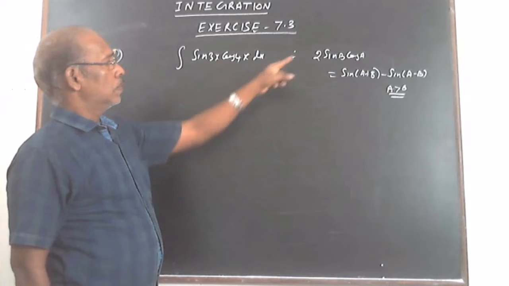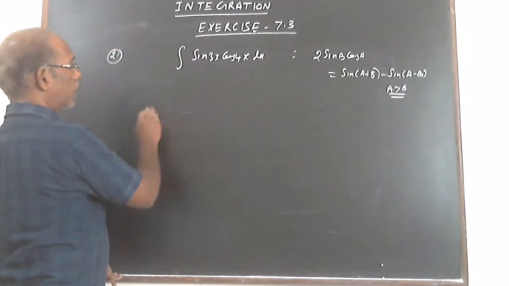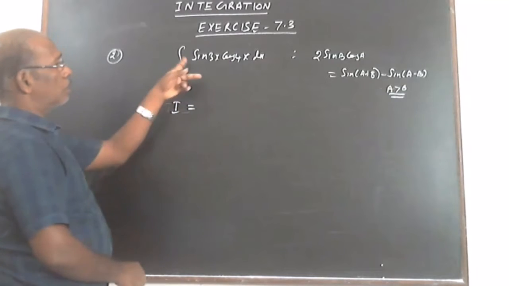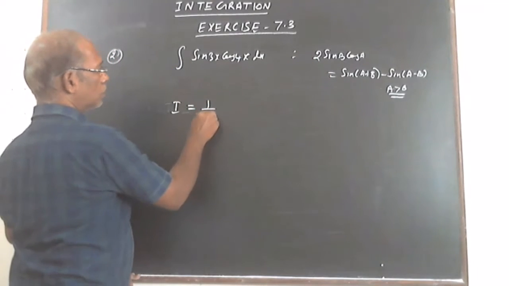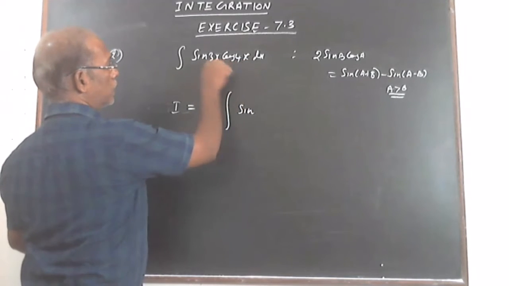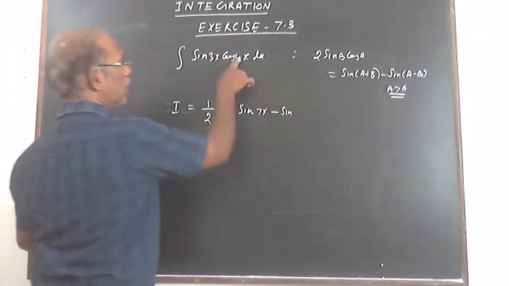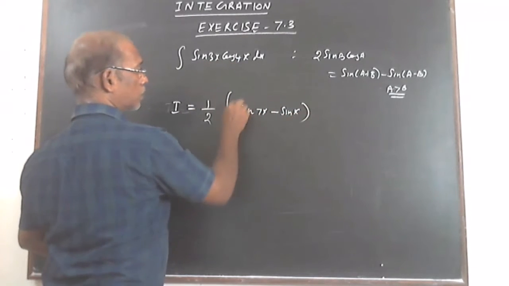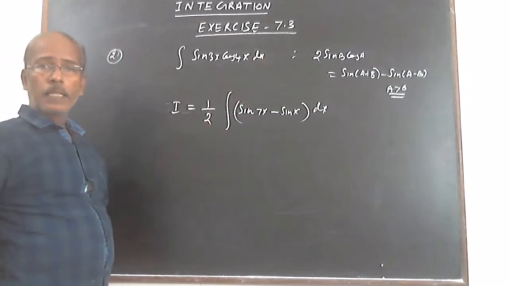Using this identity, since we do not have the coefficient 2, we take it to the other side: I equals 1 by 2 integral of sin(a plus b) 7x minus sin(a minus b) 1x. So this is the relevant identity.